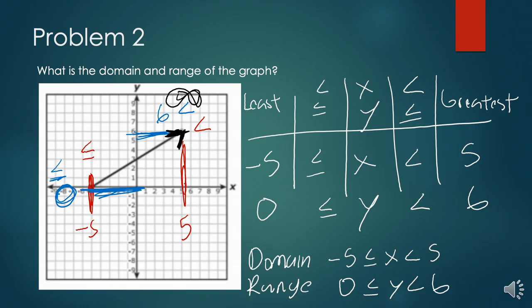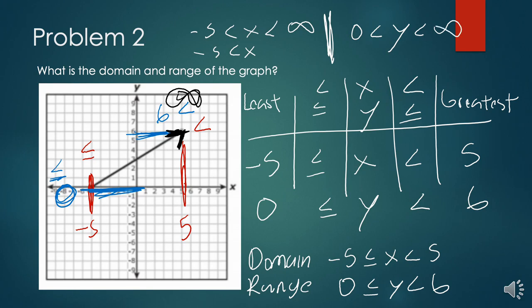And so you could write your domain as -5 is less than x less than infinity, or you could just leave it as -5 is less than x, and your range would have been 0 is less than y less than infinity, or 0 is less than y. Your call. But this is the hypothetical situation.